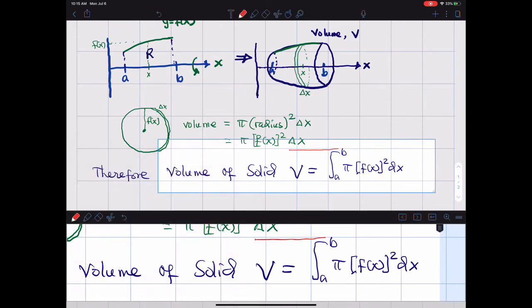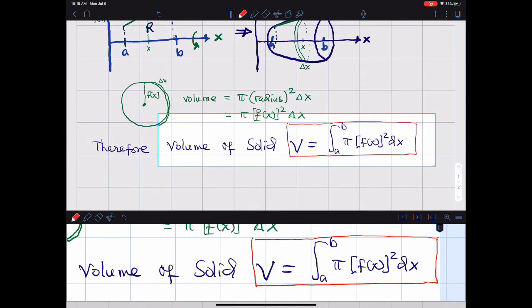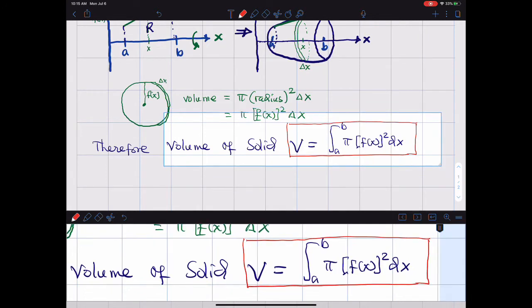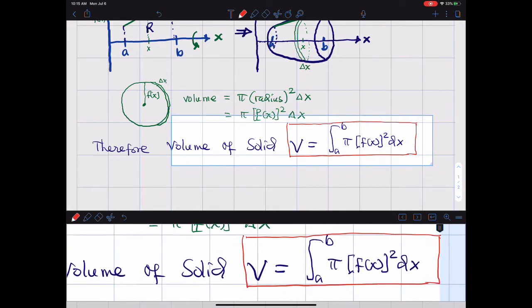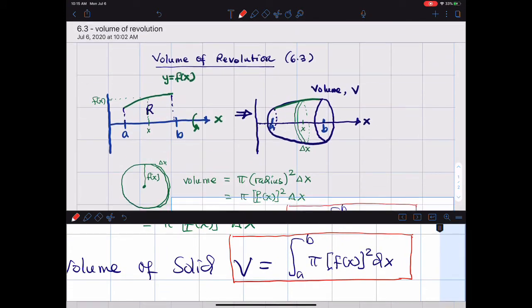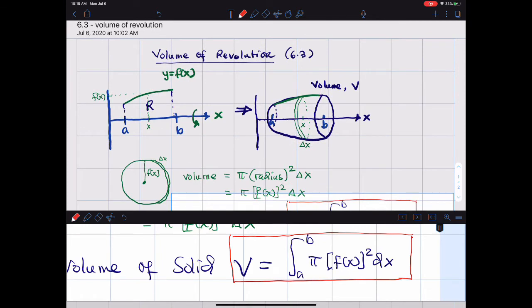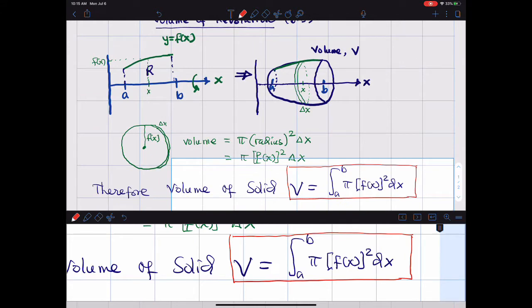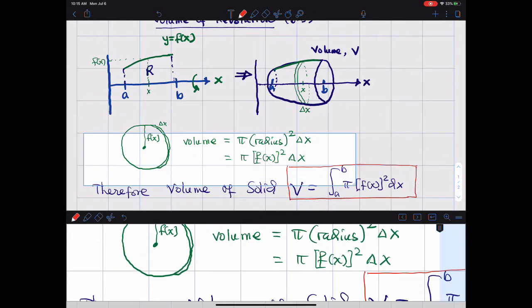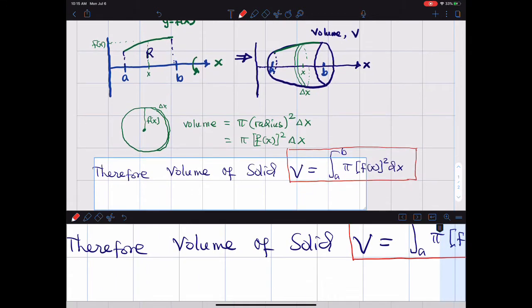So this is what we're going to be dealing with. All right, this is almost like a formula, but I would warn you not to think of this as a formula, not to use this formula. Each problem I give you, I would expect you to think through the problem. Think through it each time, and make sure you get your little slice, your disk, and then find the volume.